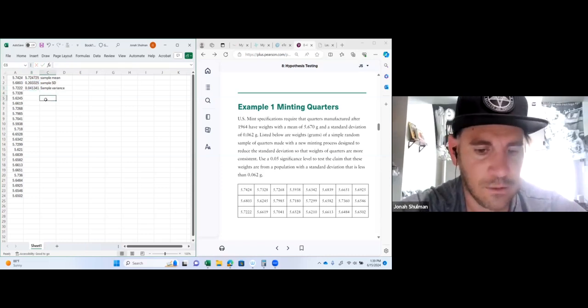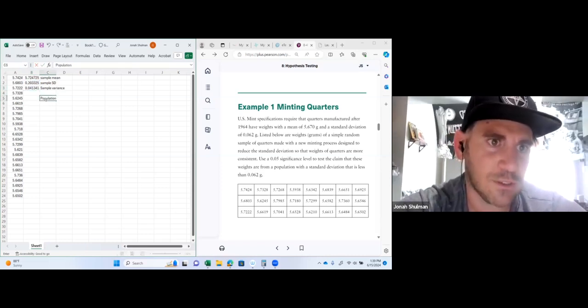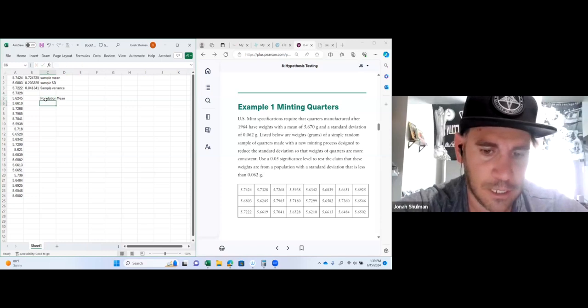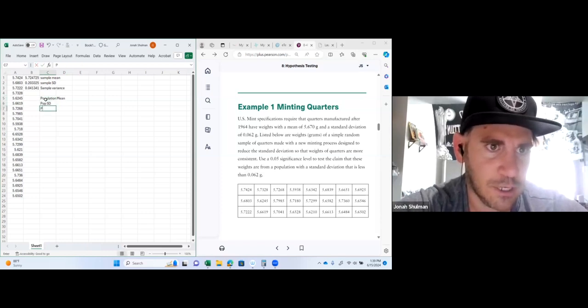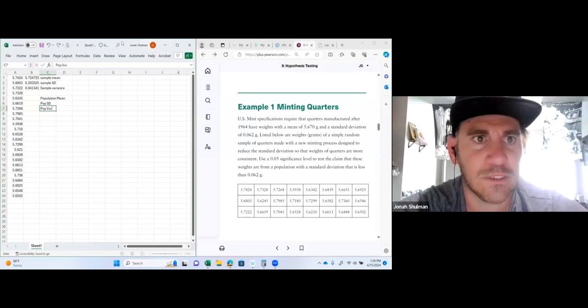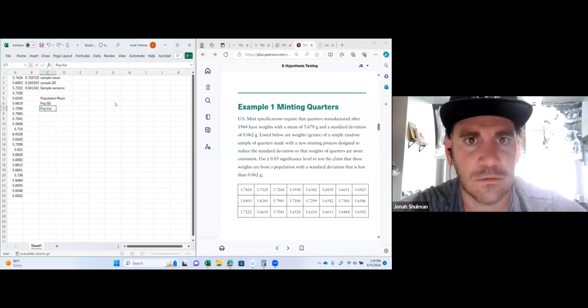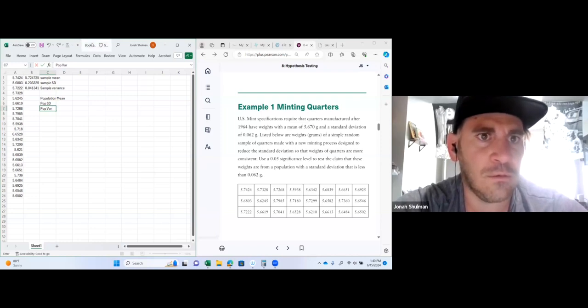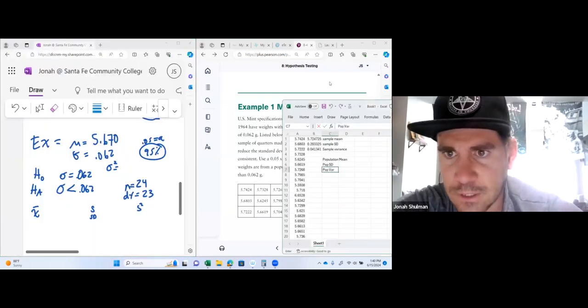All right, and now I need the population mean, just so I have everything here. Population SD, population variance. They're giving me these, right? They already gave me these, which is nice.